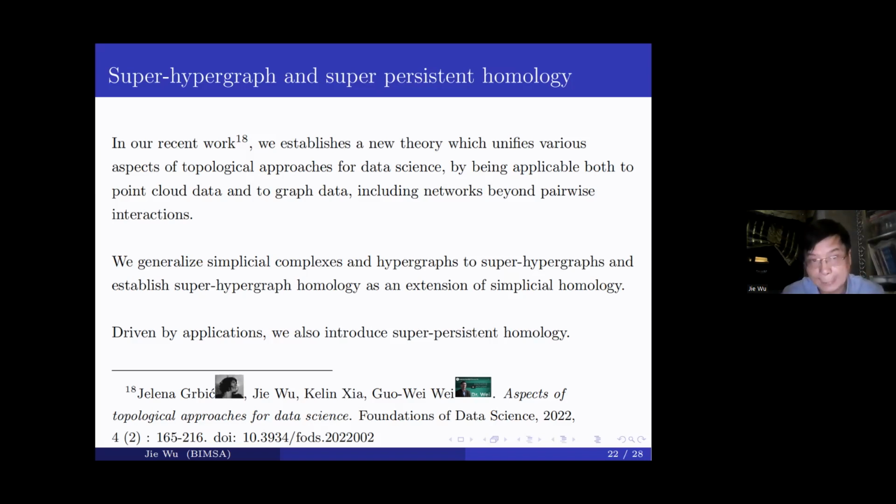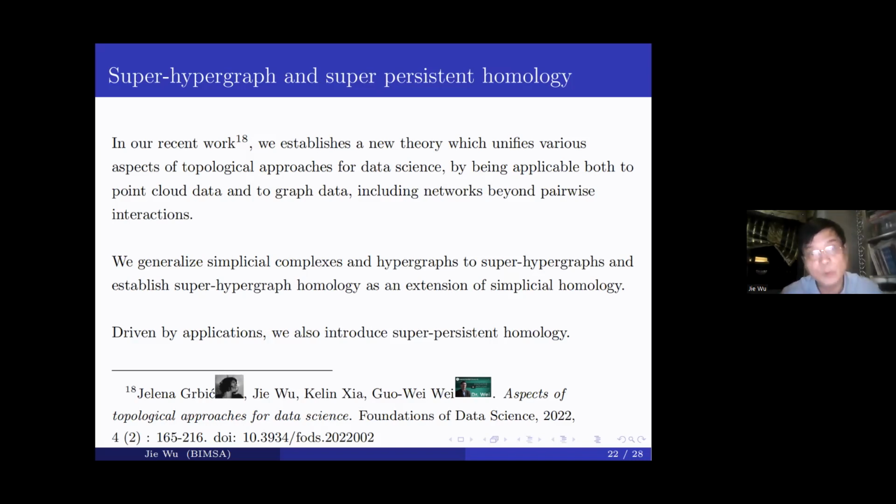So point cloud data can be treated in our way as a special case of graph data. You just take the finite points in Euclidean space with your distance, and treat the finite points as a graph in a natural way. You consider it as a complete graph, so all points have exactly one edge joining them together.